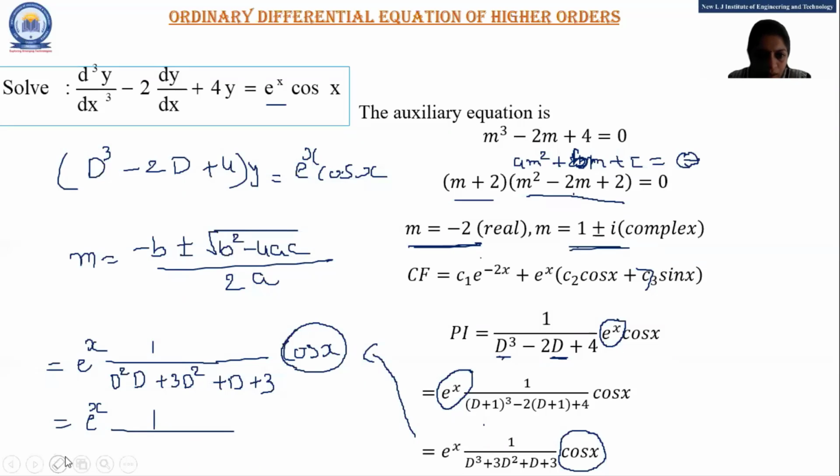See, if I replace here minus 1 square into D plus 3 minus 1 square plus D plus 3. See, this is minus D. This one is again minus 3, then D plus 3.